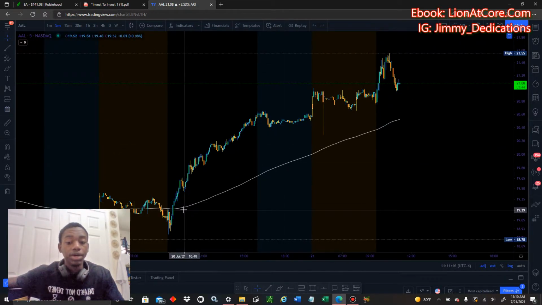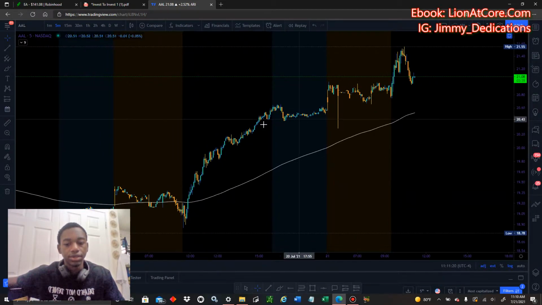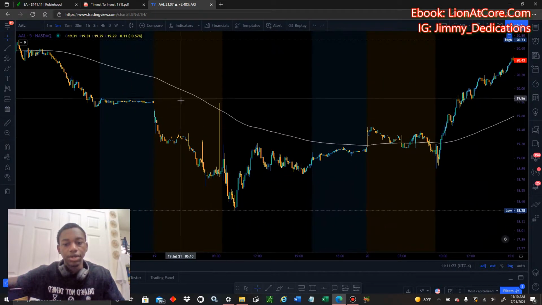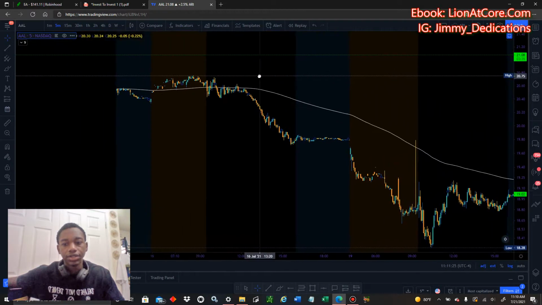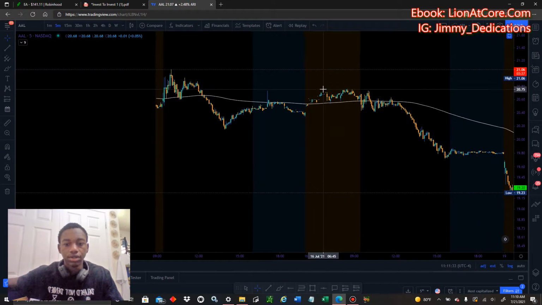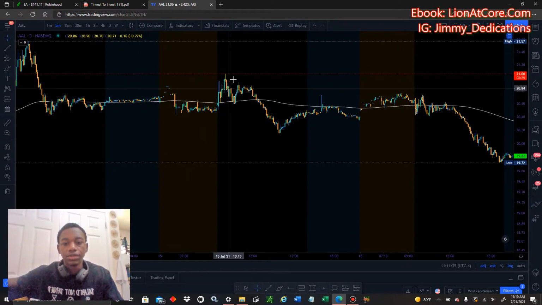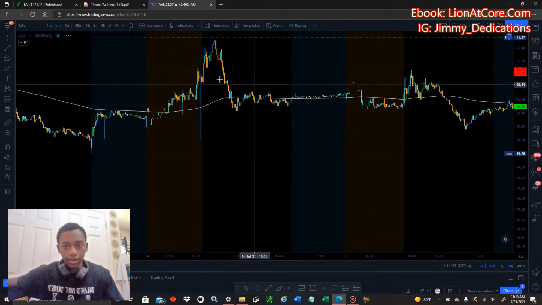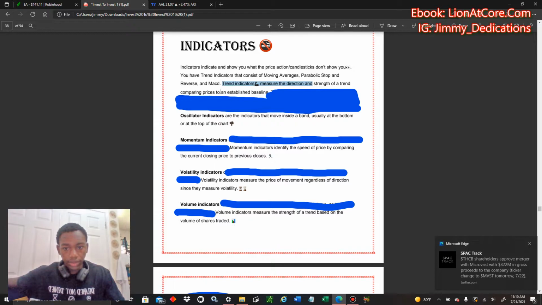So if price is above the white line, it's in an uptrend. See it going up. And if it's below the white line, it's in a downtrend. So you can use that to your benefit if you trade with the trend. Once you see it break below, it's in a downtrend. And once you see it break above, it's in an uptrend. What else? Yeah, that's the only one.